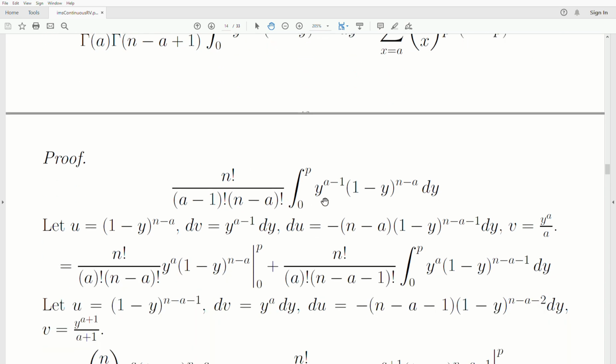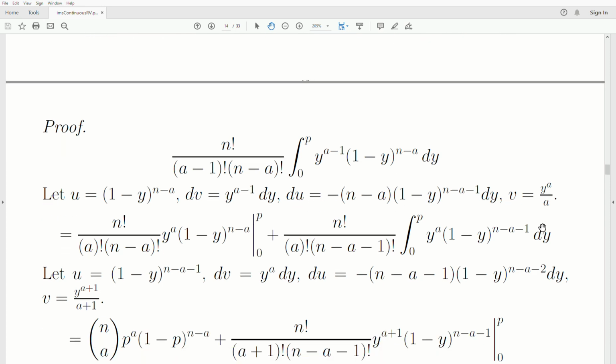Now we're going to repeatedly use integration by parts until this 1 minus y, the exponent goes to 0. So we're going to let u be 1 minus y raised to the n minus a, dv be y to the a dy. Then you take the derivative, and then you take the antiderivative. So this is uv. Now, one note in v, see that a?